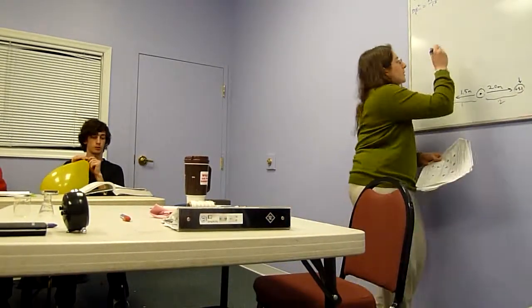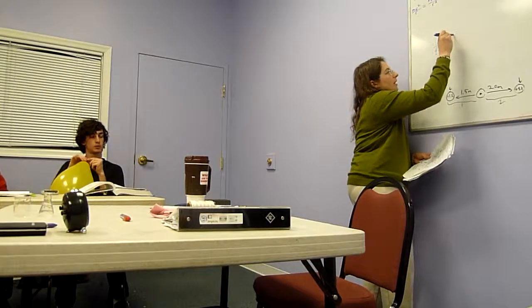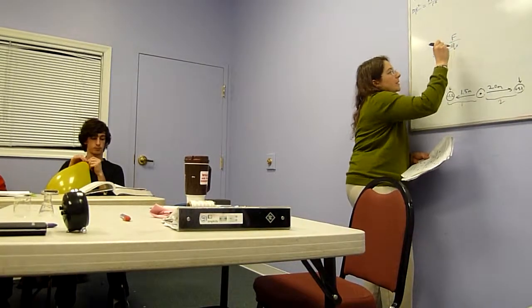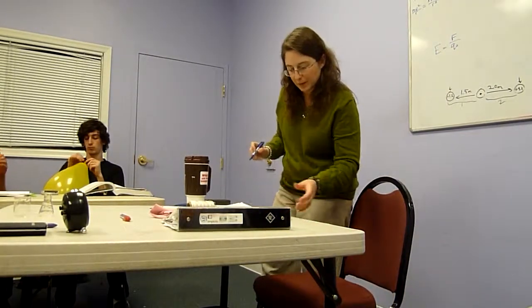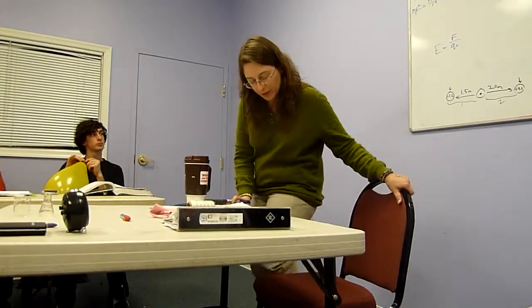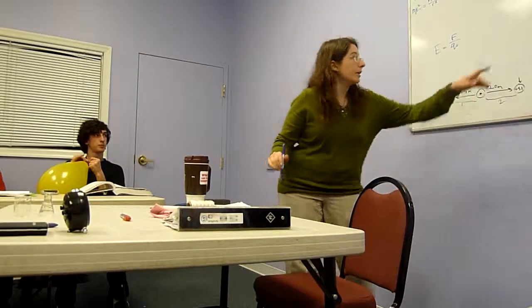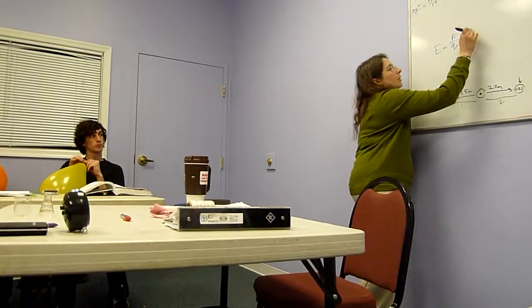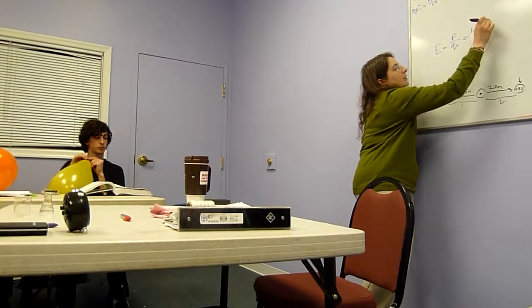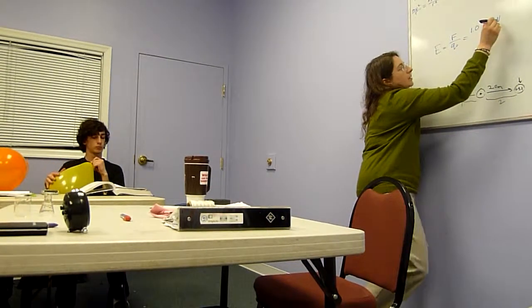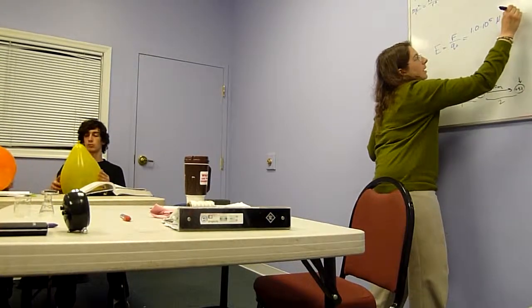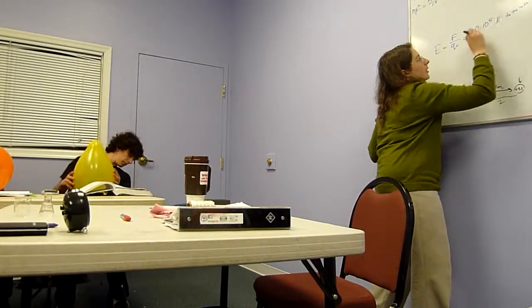We're going to use E equals F over Q sub 0. So it wants us to find the electric field. So we calculated F to be this, 1.0 times 10 to the 5th newtons to the left, which we don't want to forget about.